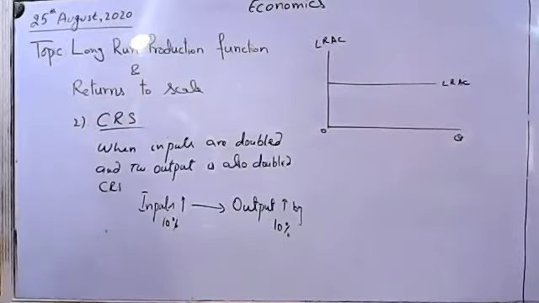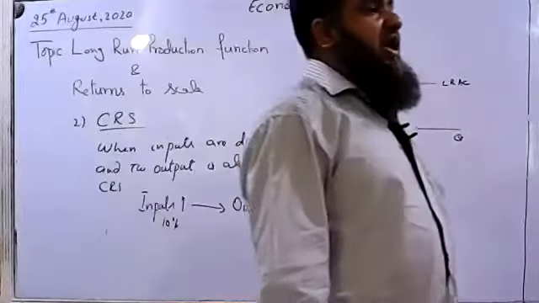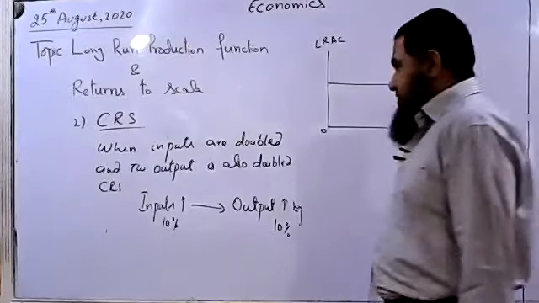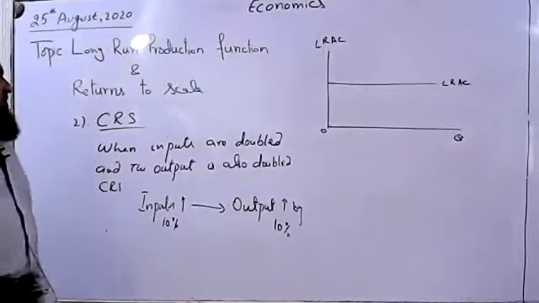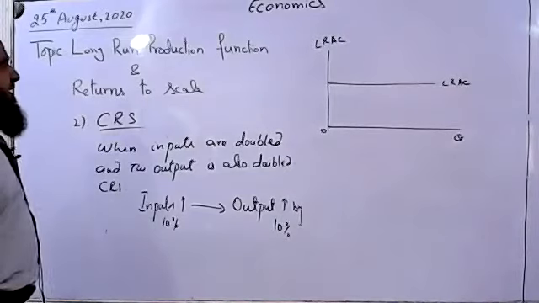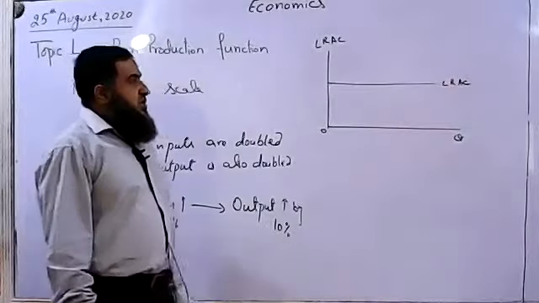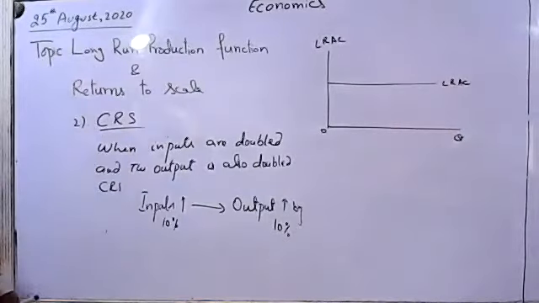All the inputs, land, labor, capital, have varied, and the output has varied by the same proportion as the inputs. So we call it a CRS production function in the long run, where the long run average cost is neither declining nor increasing. This is called CRS.